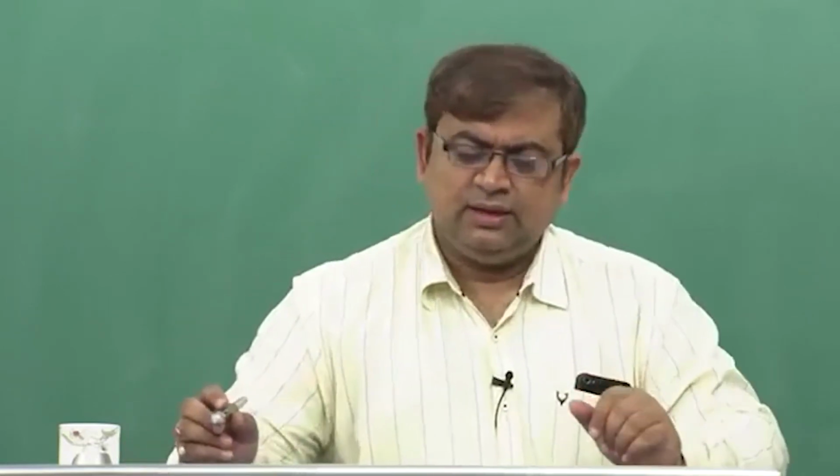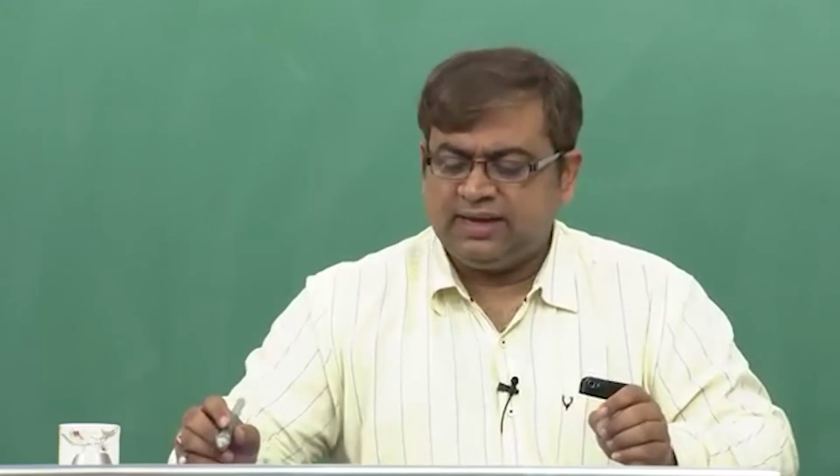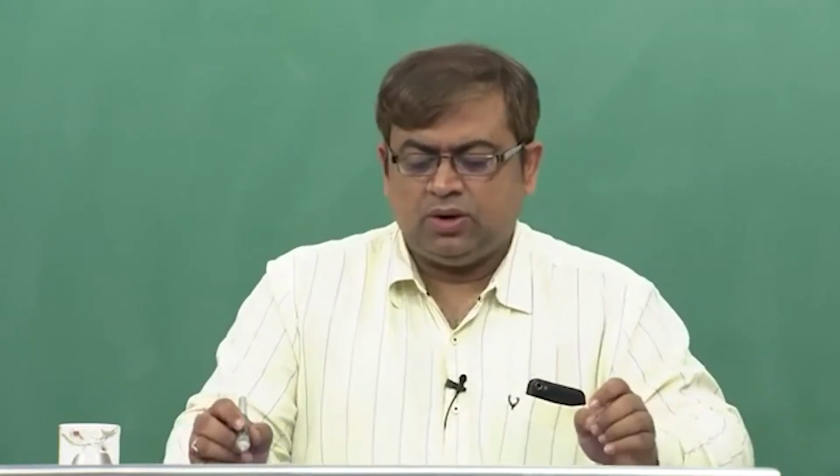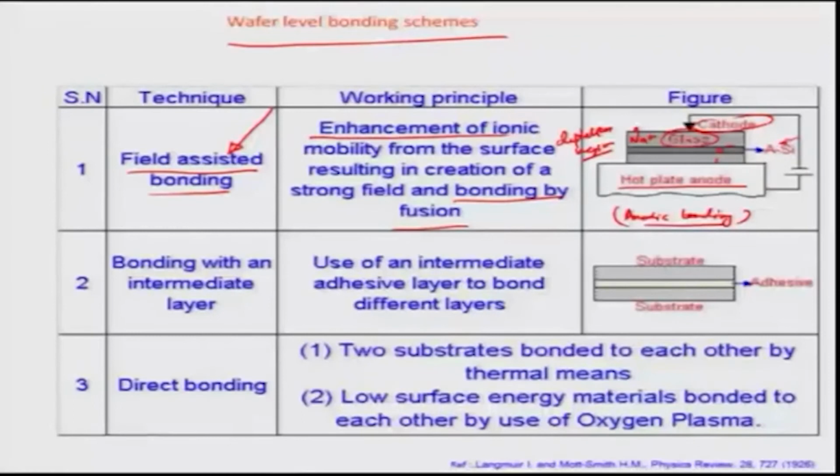You can create various features or structures at the MEMS scale, or the micron scale, using such methodologies. So the enhancement of ion mobility from the surfaces results in the creation of a strong field, and the bonding happens by fusion between the substrates.